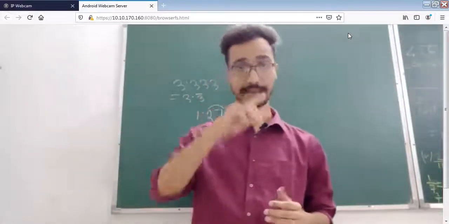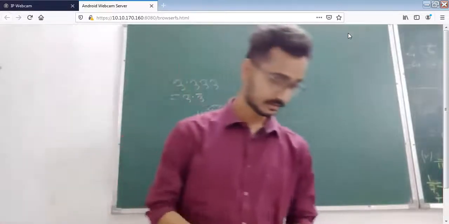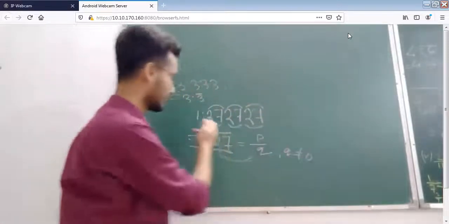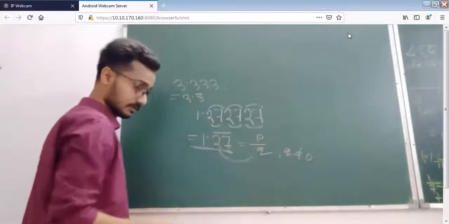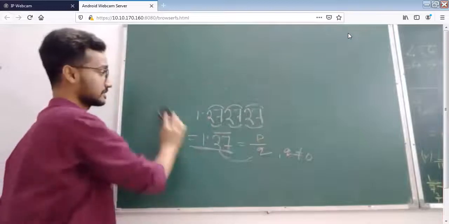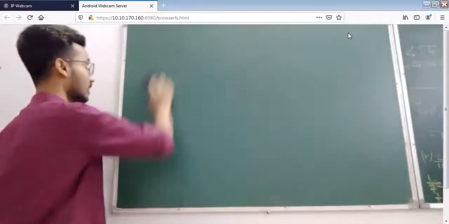In the first class we have discussed these things. Now see, we have to show that we can express this number in the form of P by Q. This type of question is very important from your exam point of view. Now see, how can we show?